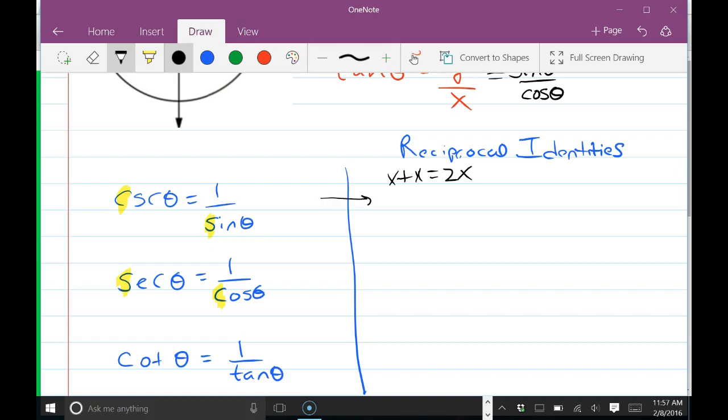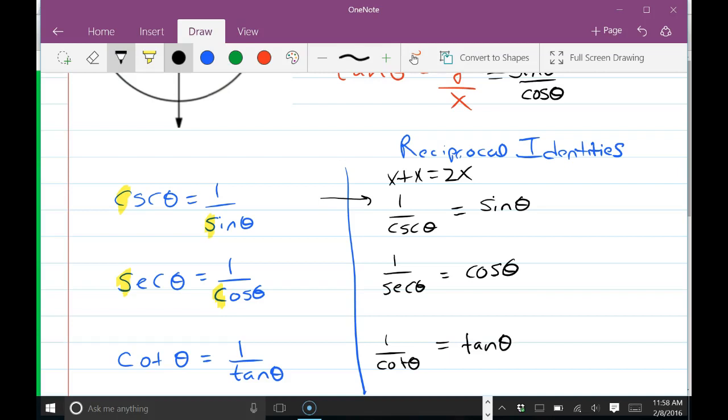If the reciprocal of sine is cosecant, then what do you think the reciprocal of cosecant is? You guessed it, sine. If the reciprocal of cosine is secant, then the reciprocal of secant is cosine. And lastly, if the reciprocal of tangent is cotangent, the reciprocal of cotangent is tangent.